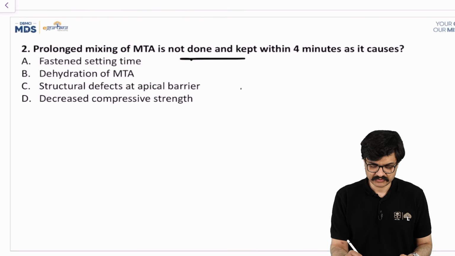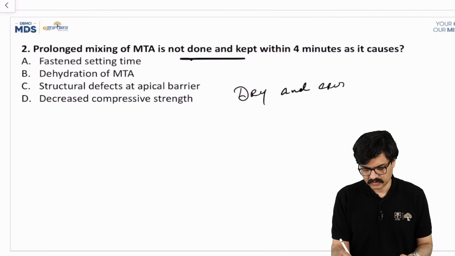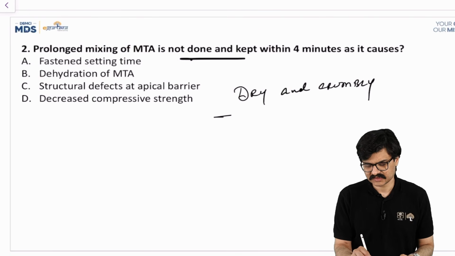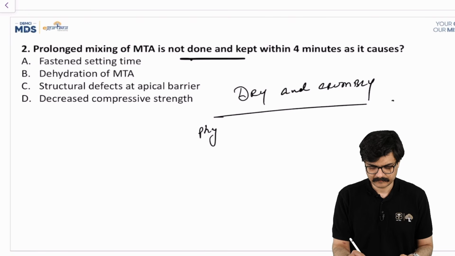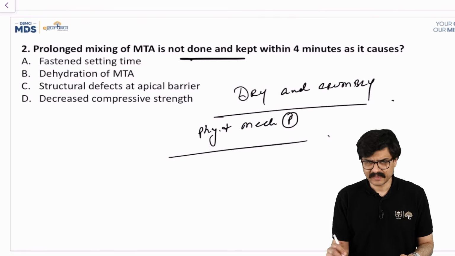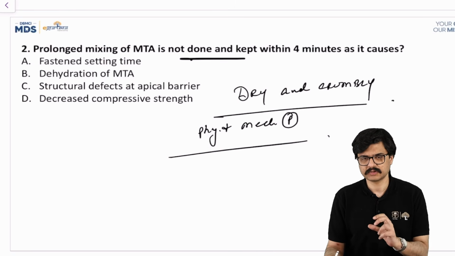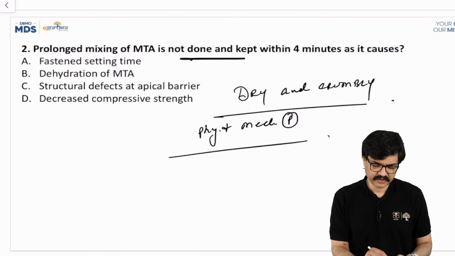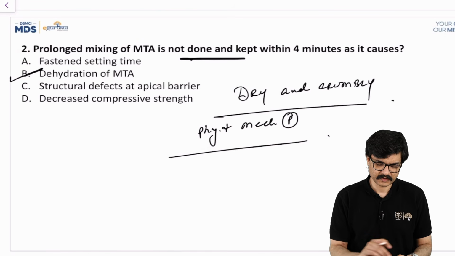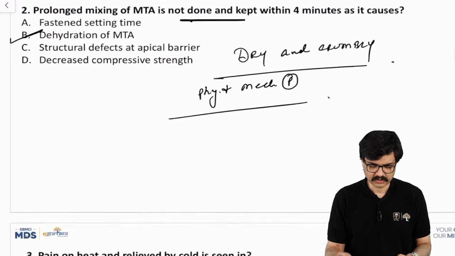It would get dry and crumbly. It would compromise its physical and mechanical properties like strength, and it may also shorten the setting time. So dehydration of MTA obviously is your answer.